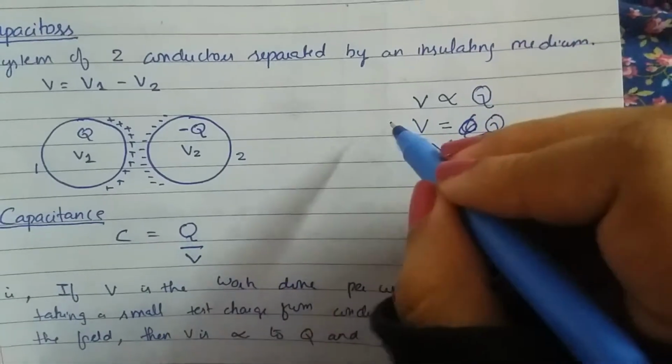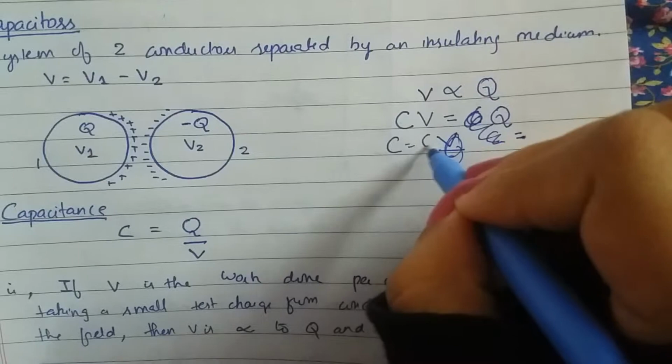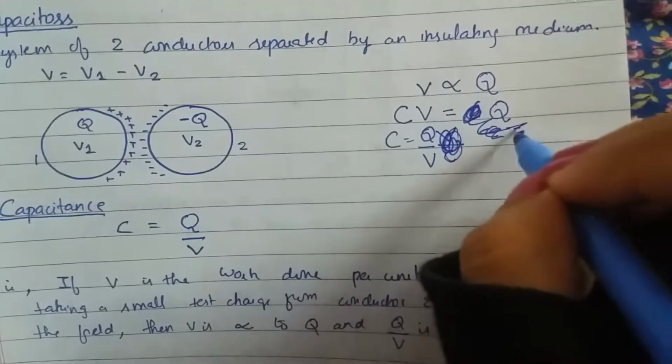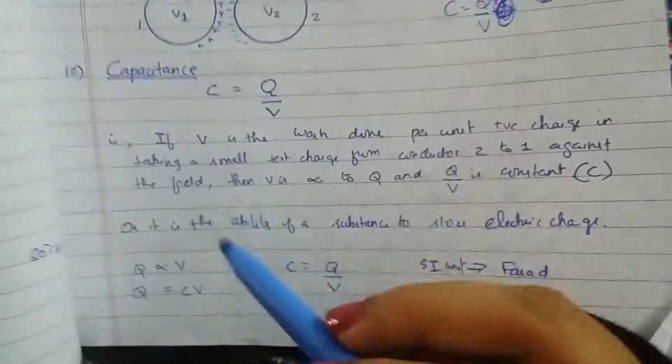Q will be equal to CV. So C will be equal to Q by V. This is what we get.